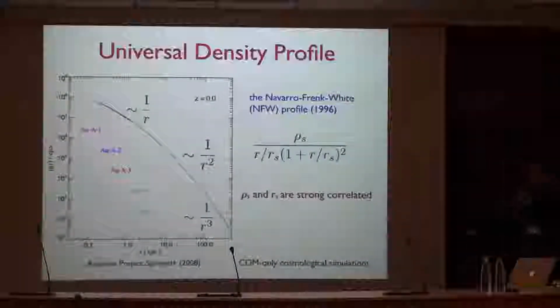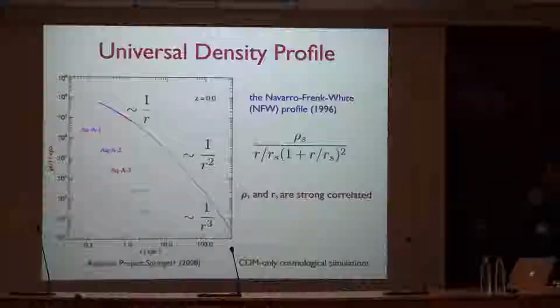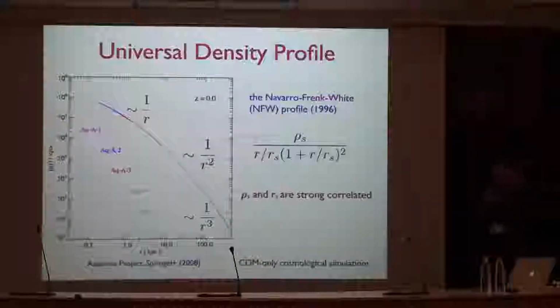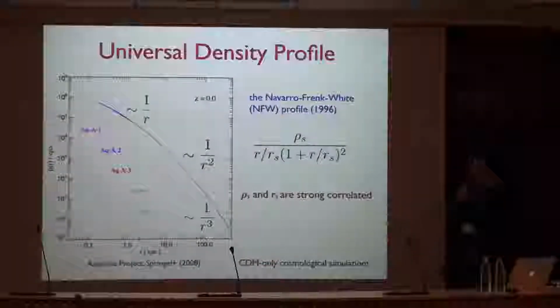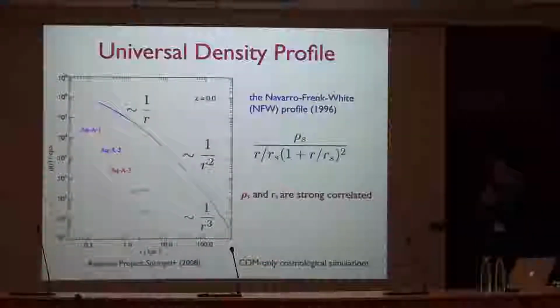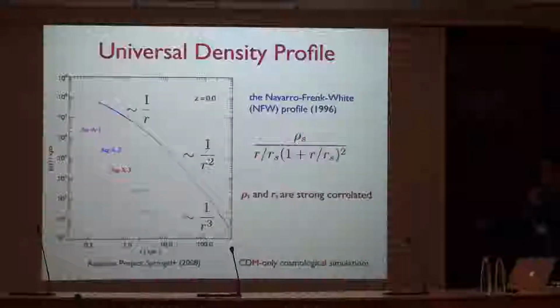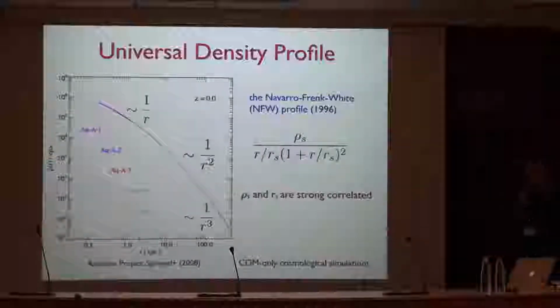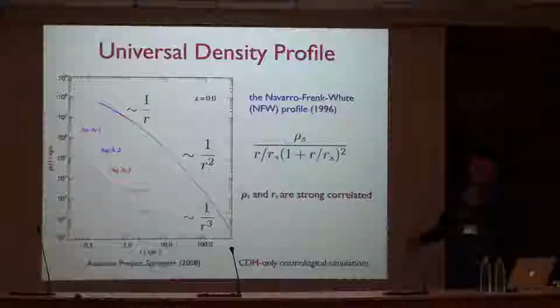At very large radius, bigger than the scale radius, the density goes like 1 over r cubed. In an intermediate region, the density goes like 1 over r squared. And in the very inner region, where the radius is much smaller than the scale radius, the density goes up very quickly. It goes like 1 over r. So this is called a universal density profile.